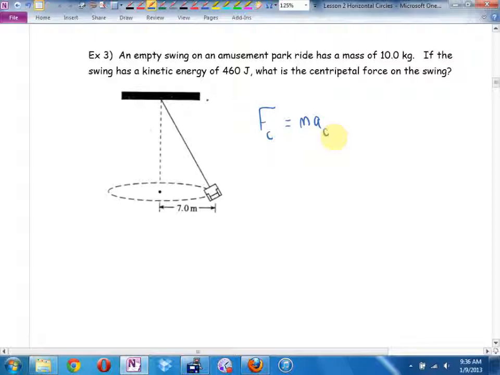Okay, you know what? I'm going to go over here and say they told me that the kinetic energy was equal to 460. That means one half m v squared is equal to 460.